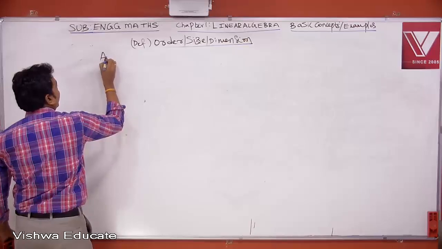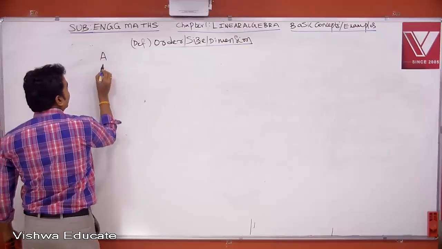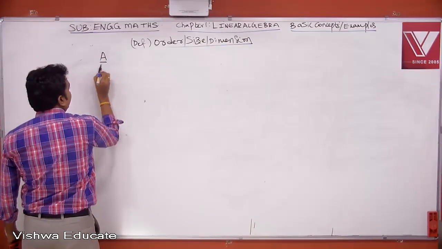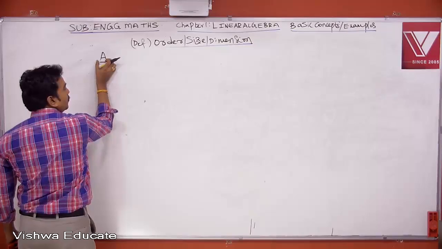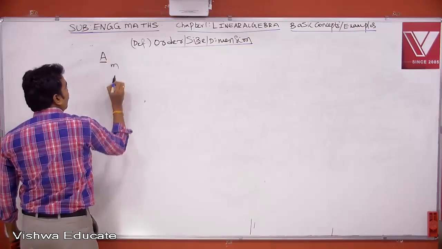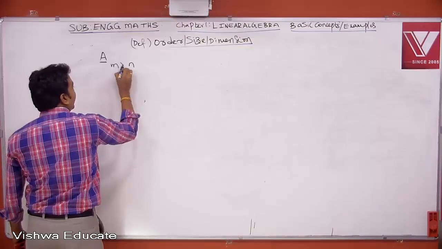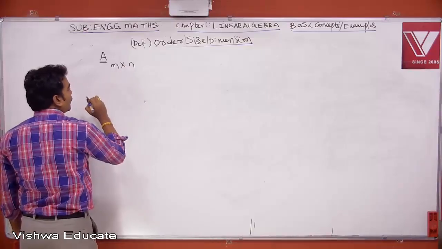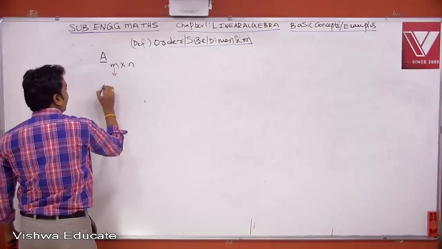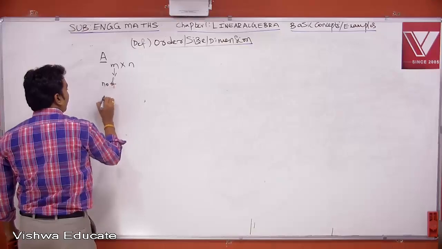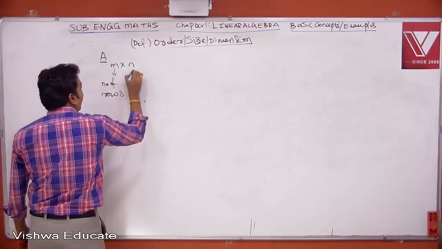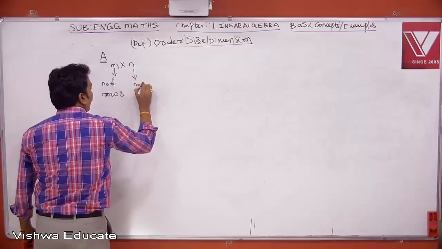Suppose I have a matrix A. Since it is a matrix, it has some rows and some columns. Generally the number of rows is denoted by m and the number of columns is denoted by n, and its size is denoted by m cross n, where m is nothing but the number of rows and this n represents the number of columns.